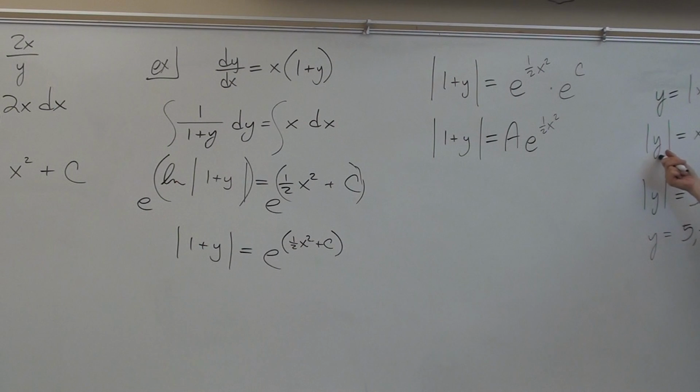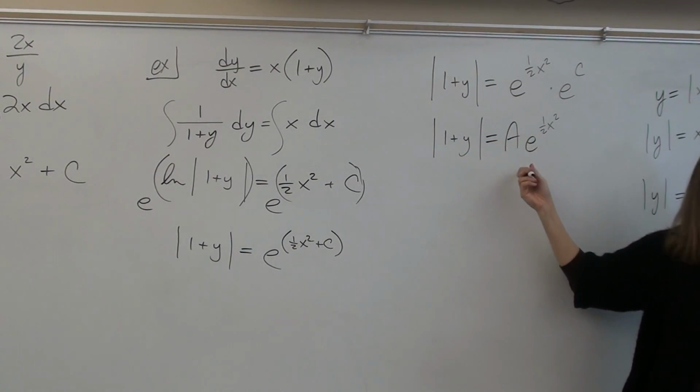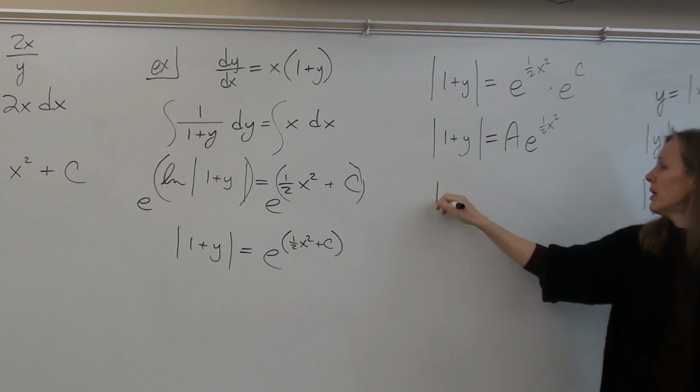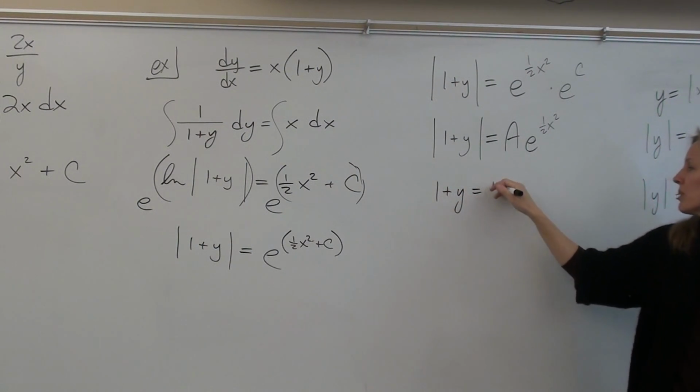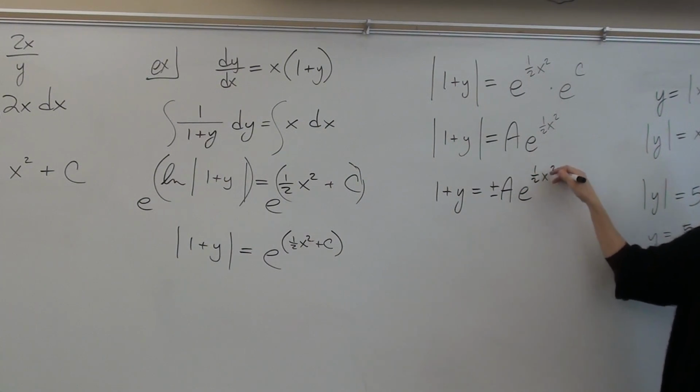If absolute value of y equals x, then y has to either be positive x or negative x. So when you have absolute value of y equals something, you can drop the absolute value and replace it with a plus or minus on the other side. So we have 1 plus y equals plus or minus a e to the 1/2 x squared.